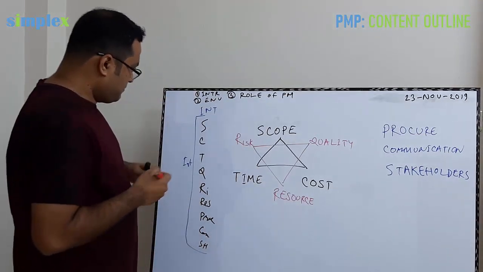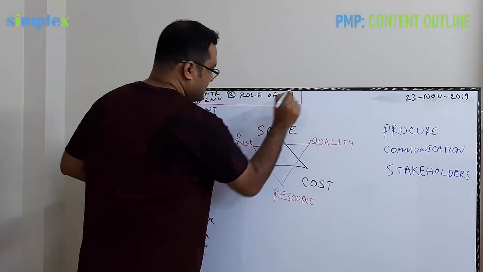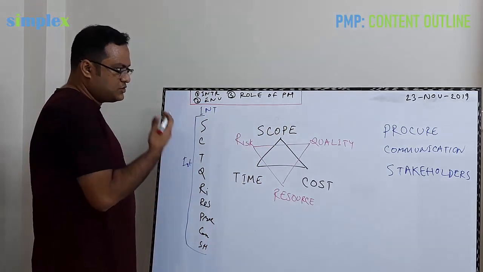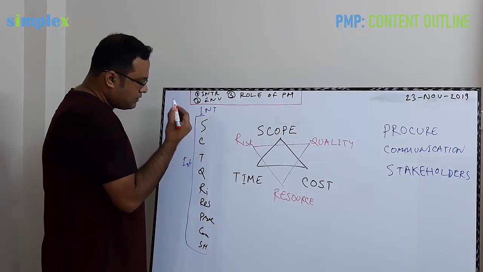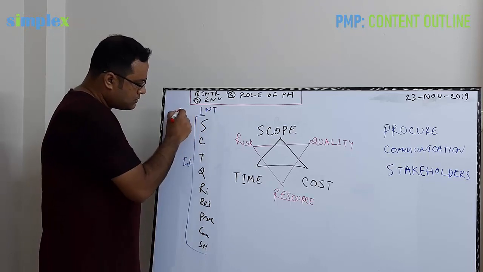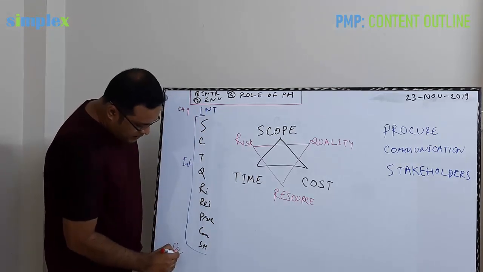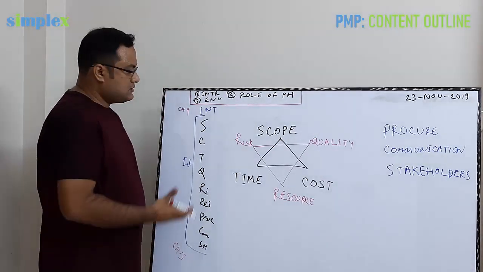So if I break down the PMBOK, the Project Management Body of Knowledge, 6th edition, there are 3 introductory chapters which will teach you the basics, and then you will be starting from chapter 4 till chapter 13, you will be learning about the 10 knowledge areas.